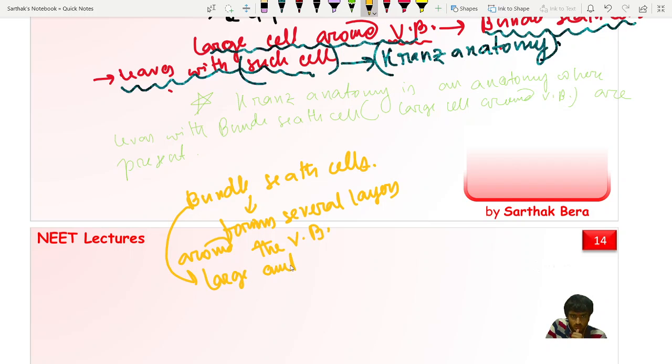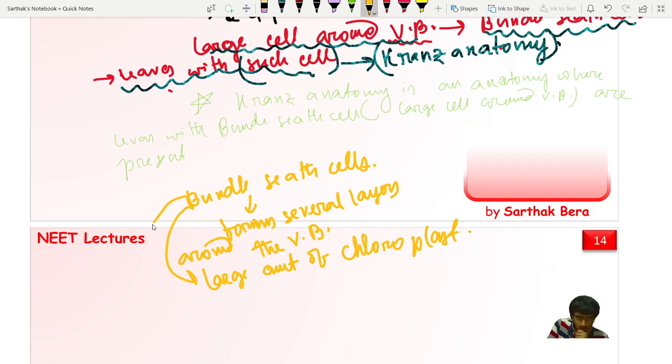It has a large amount of chloroplast, a very large amount of chloroplast.